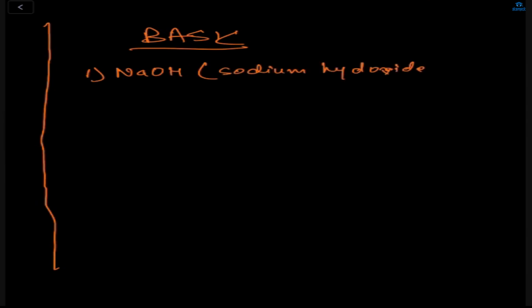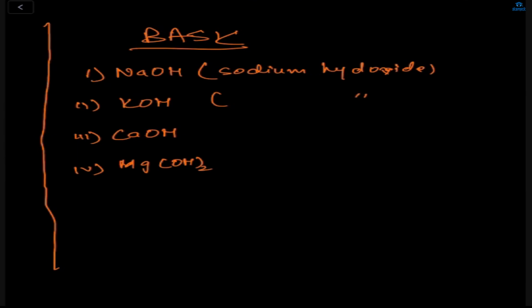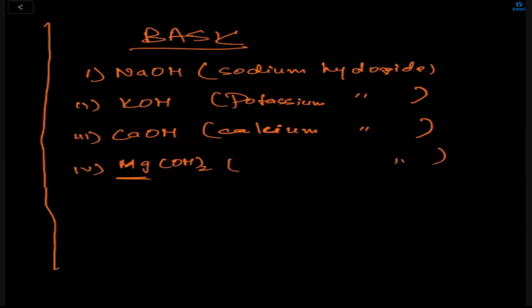Again, KOH, Ca(OH)2, and Mg(OH)2. What is KOH? Potassium hydroxide. And the third one is calcium hydroxide. And this one, Mg? Magnesium hydroxide.